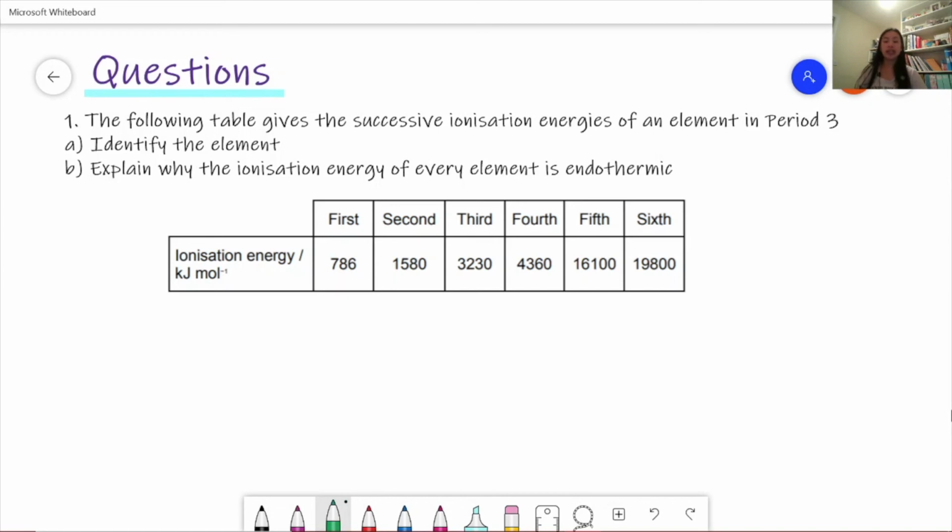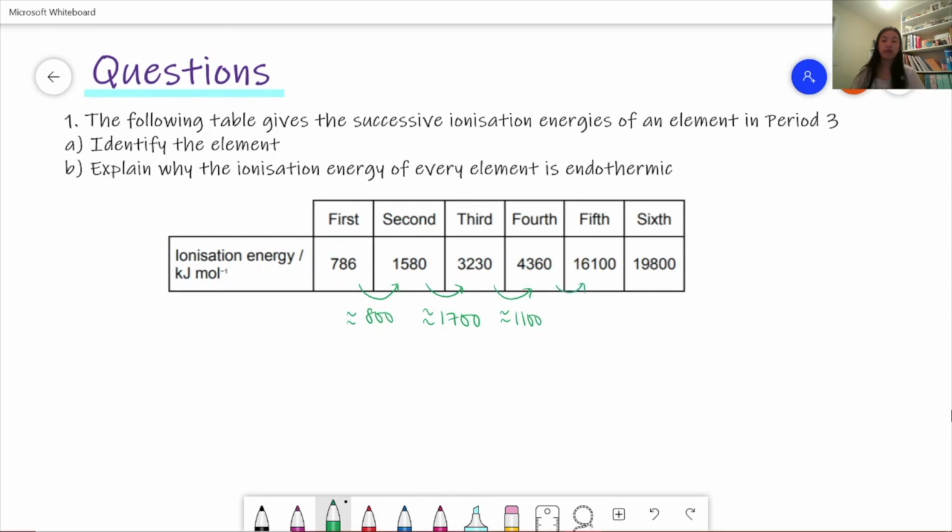So firstly, what I like to do is just look at the first one. So here we have a gap of around 800. And then here we have something bigger, and this is about 1,500, let's say, or 1,700. And here we have about 1,100.